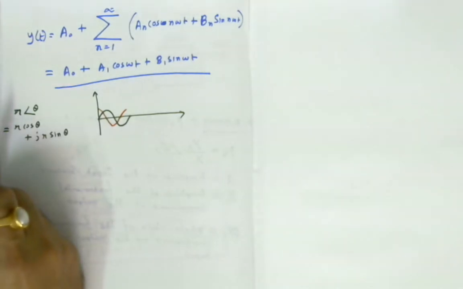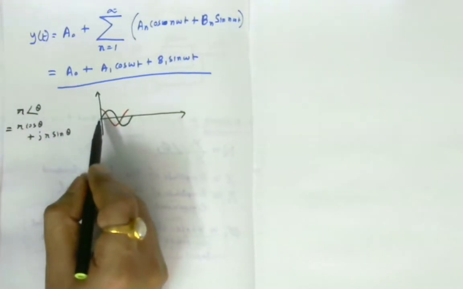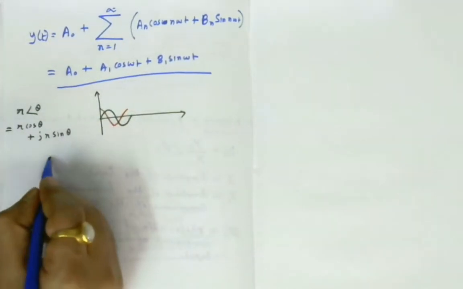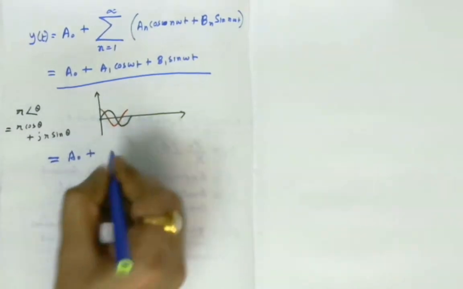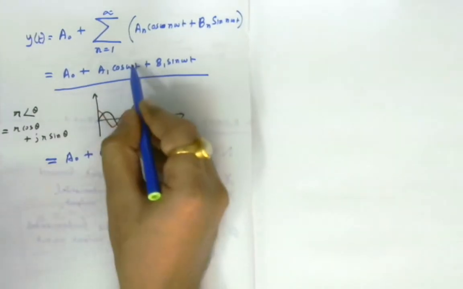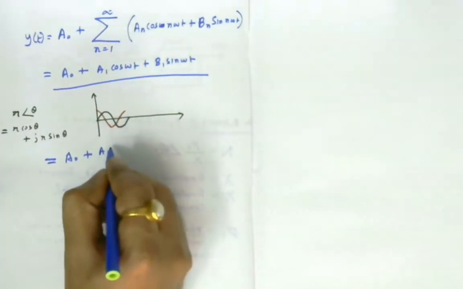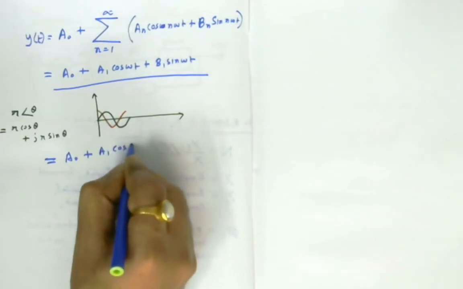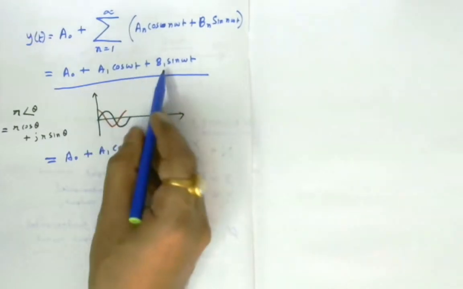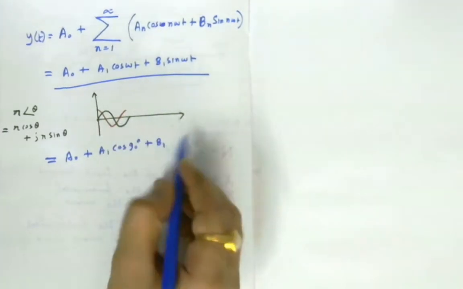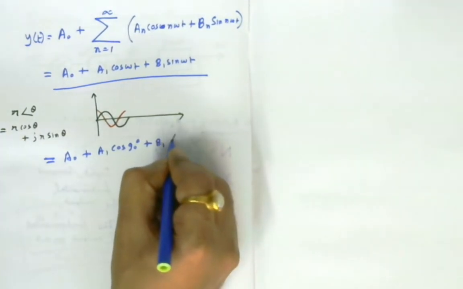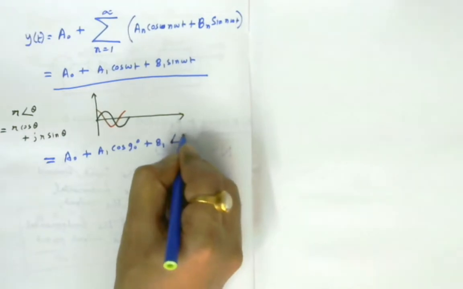So at starting, when time equals 0, I can write a0 plus a1 at the angle 90 degree, plus b1 at the angle 0 degree.